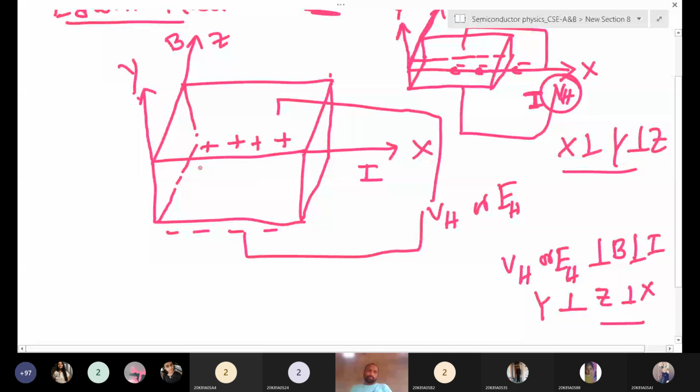Once the charge is induced on the opposite faces, this field will restrict further deflection of these charges along the y direction. That is the use of the Hall voltage. What does the Hall voltage do? It prevents further deflection of the charge carriers from the original path. Mainly, it is very simple.